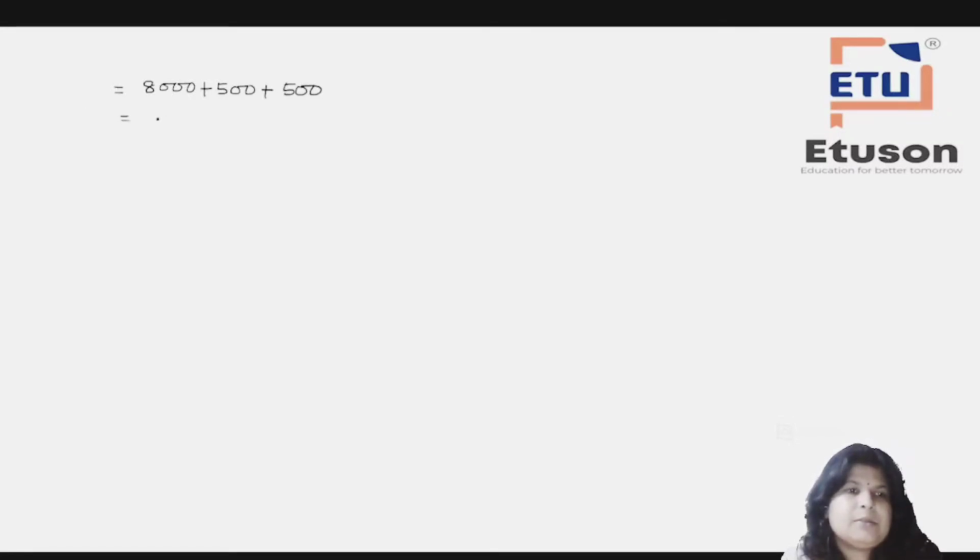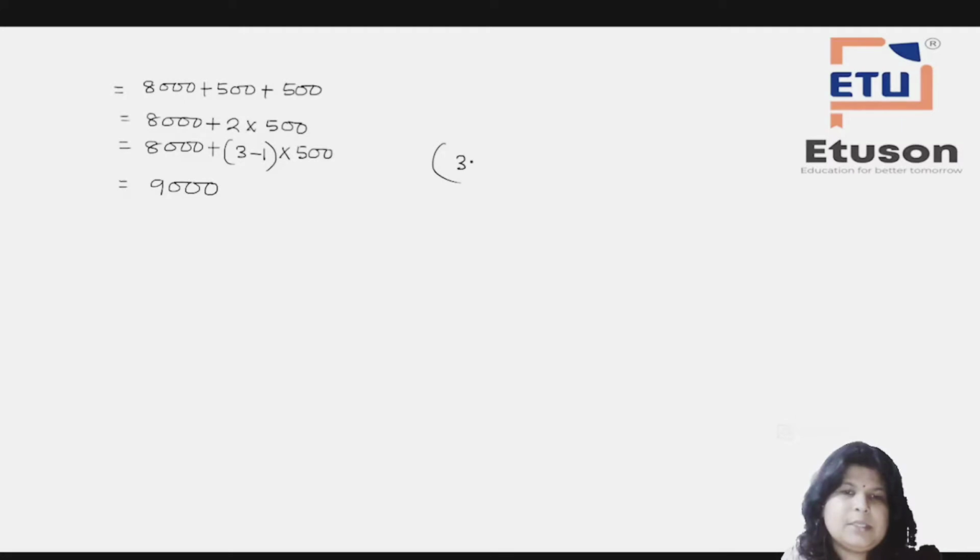Right? So now we have two increments. So I can write 2 into 500. Again, this 2 can be written as 3 minus 1, into 500, that is equal to finally 9,000 rupees. Okay. So this is the salary she will be getting at the beginning of the third year.